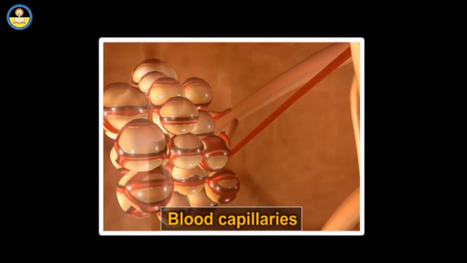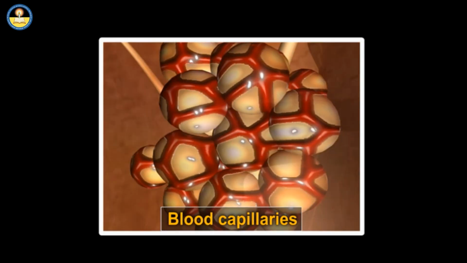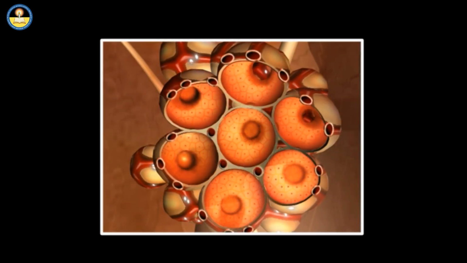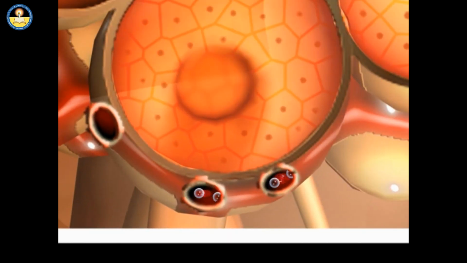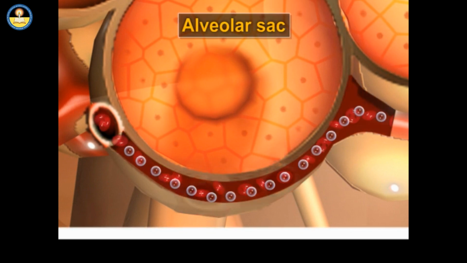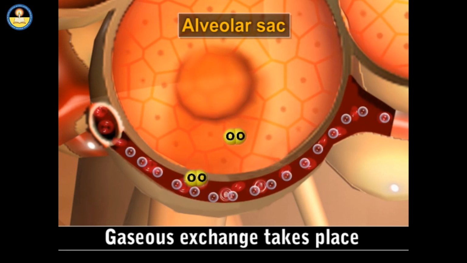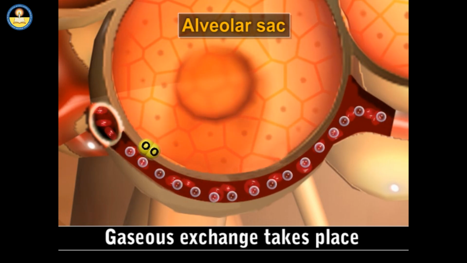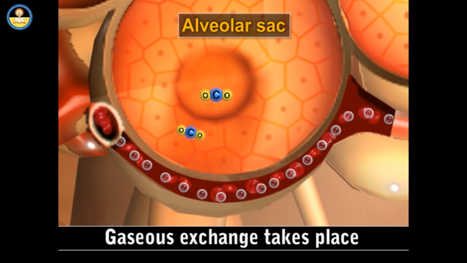The alveoli are richly supplied with blood capillaries. The alveolar duct deposits the air in the thin-walled alveoli or alveolar sacs. Gaseous exchange takes place in blood flowing through these capillaries.